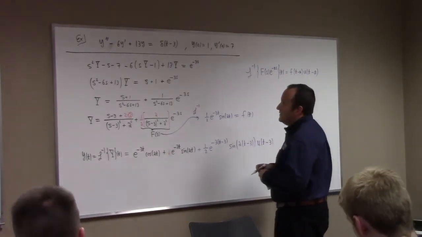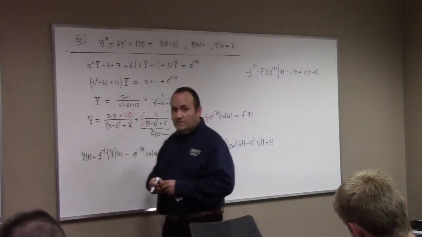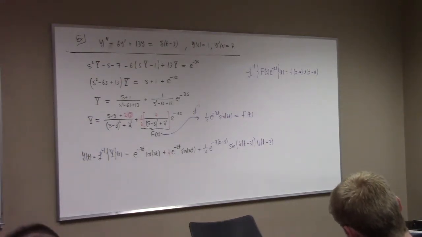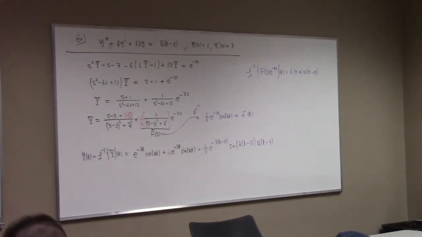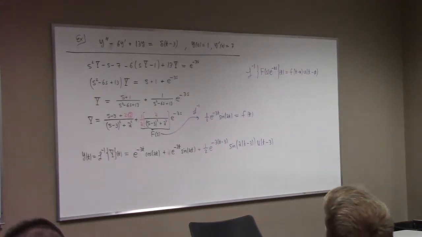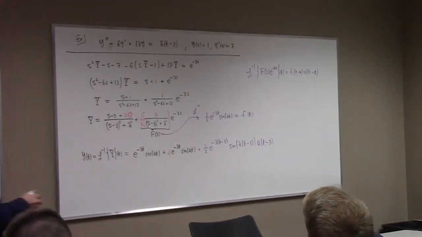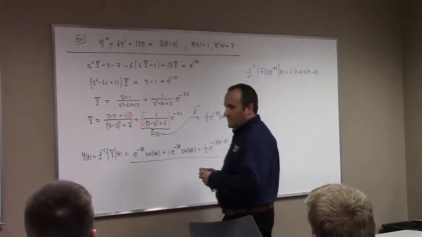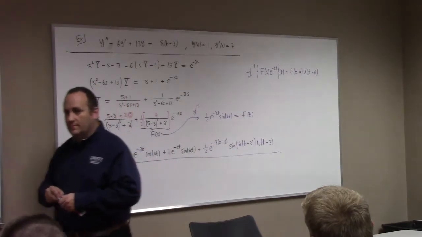Notice that the 3, which appears in the unit step function, and the 3, which appeared in solving the characteristic equation, these are coincidental, right? Those are different kinds of 3's in some sense. But there you go, answer. Any questions?